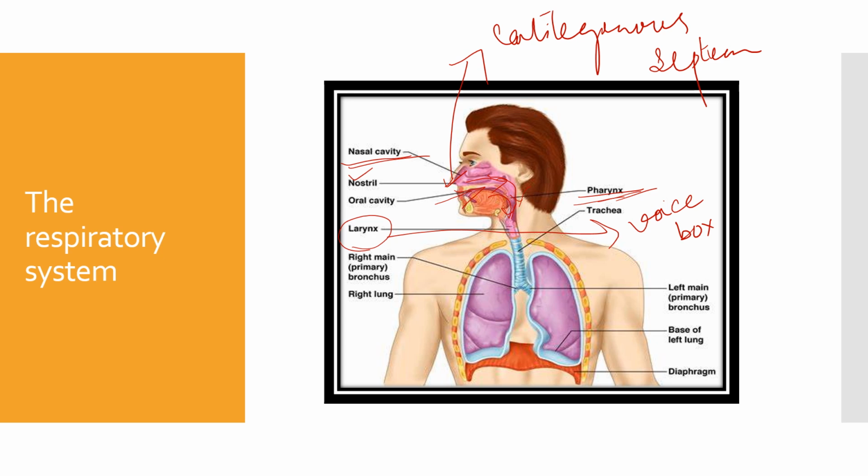After the larynx there is a cartilaginous flap called the epiglottis. What is this epiglottis doing? It is a flap-like structure which prevents food and water from entering the respiratory tract.